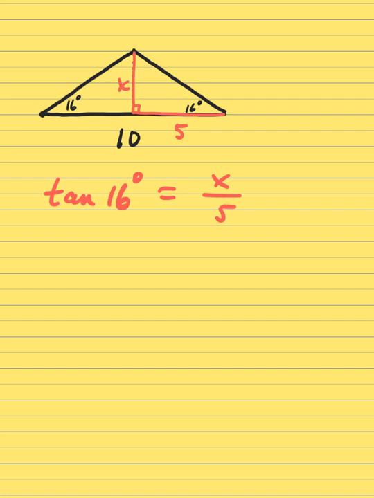Multiply both sides by 5. And let me check the problem. We're asked to round to 2 decimal places. 5, tangent 16. I get 1.43.